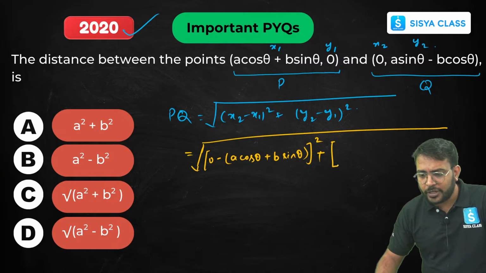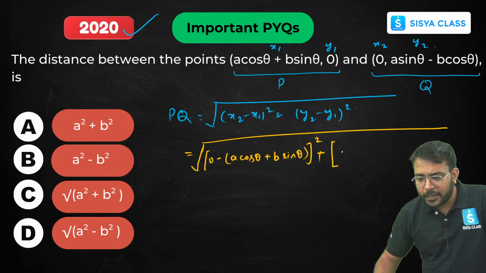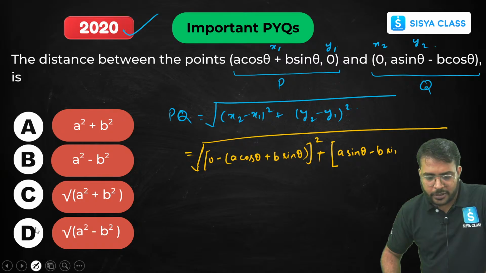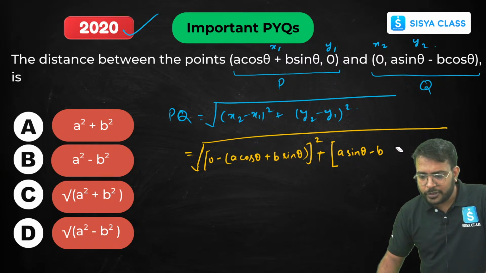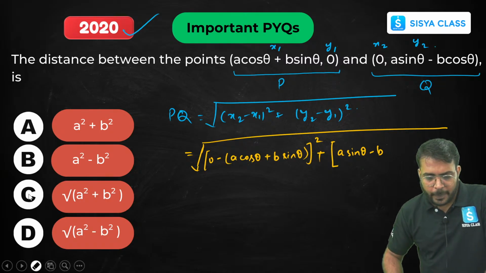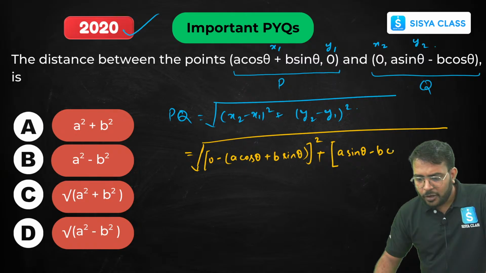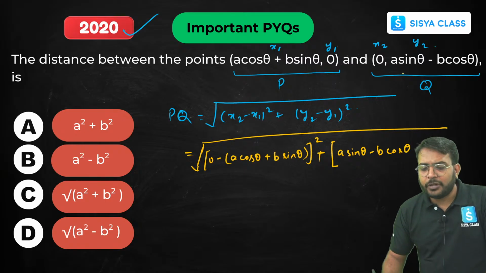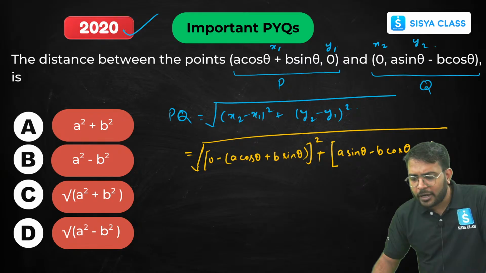What is my y2, beta? y2 is a sin theta, isn't it? a sin theta minus b cos theta, minus y1. y1 means 0. All right, whole square.